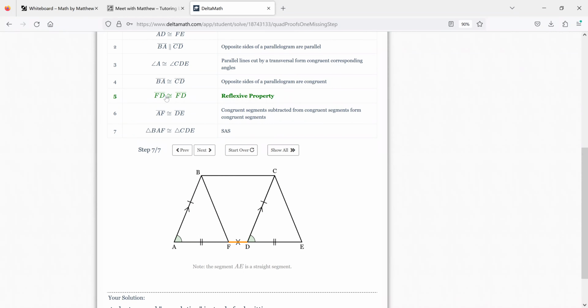Oh, goodness. Okay, why didn't it like that? I could have gotten the letters wrong too. FD. I did get the letters wrong. FD, AFD.